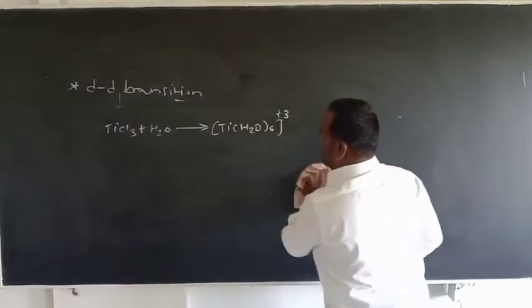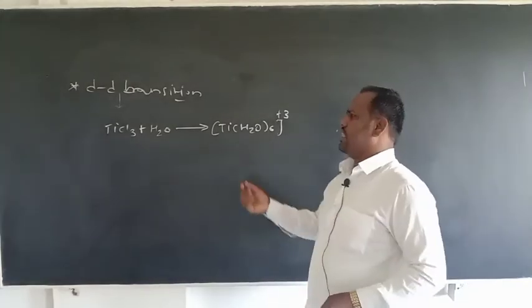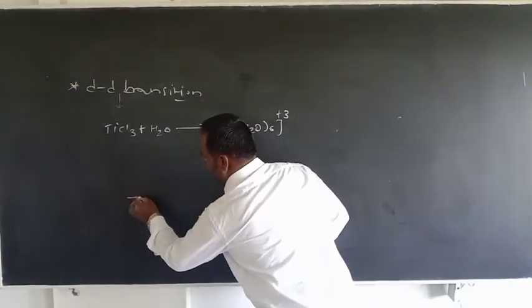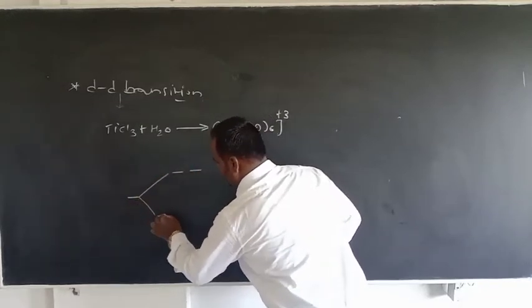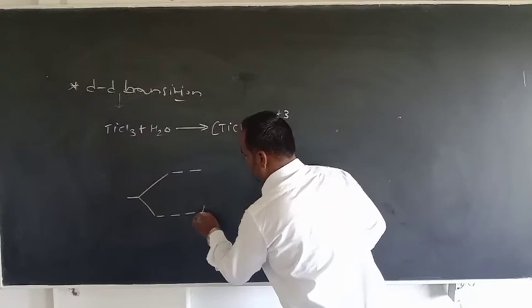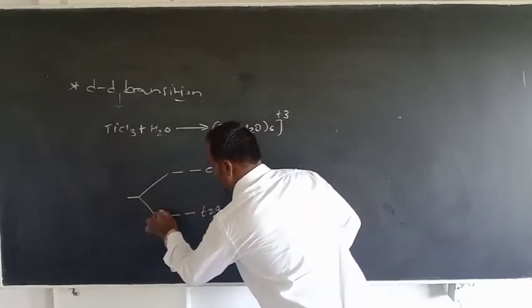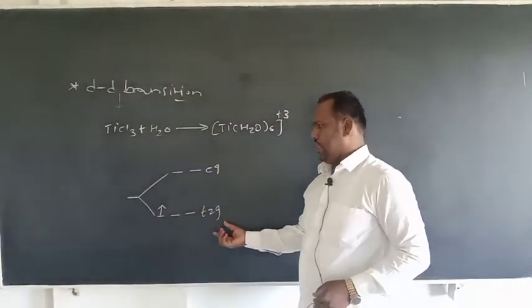In presence of ligand, this titanium forms a complex, and the d orbital splits into two energy levels, one is T2G and another is EG, and a single electron is present in the T2G orbital.